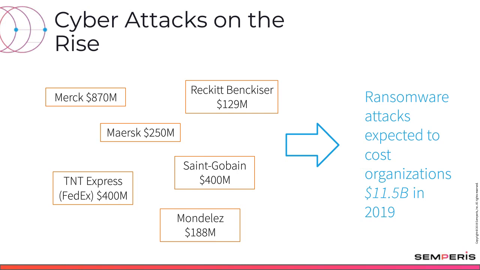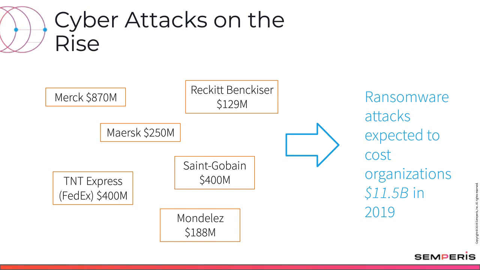Merck at $870 million, TNT Express, which is a division of FedEx, $400 million. Mondelez, which is, I think, a candy company, if I recall correctly, $188 million. Maersk, $250 million. Maersk, actually, we'll talk about in a little more detail.